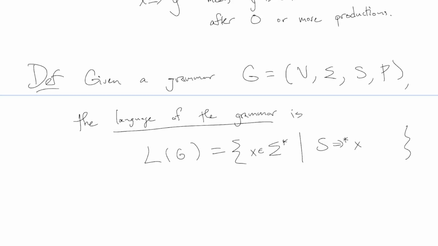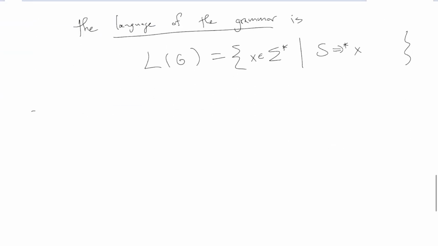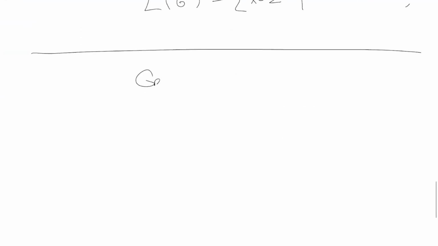Let's discuss, we've got 20 minutes left or so, how the grammar languages relate to the languages of NFAs and DFAs, that is the regular languages. So let's talk about grammars versus finite automata.